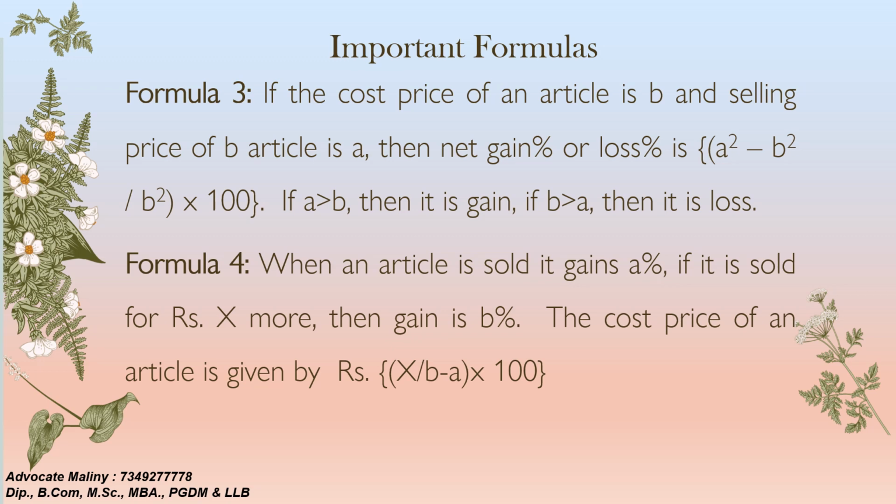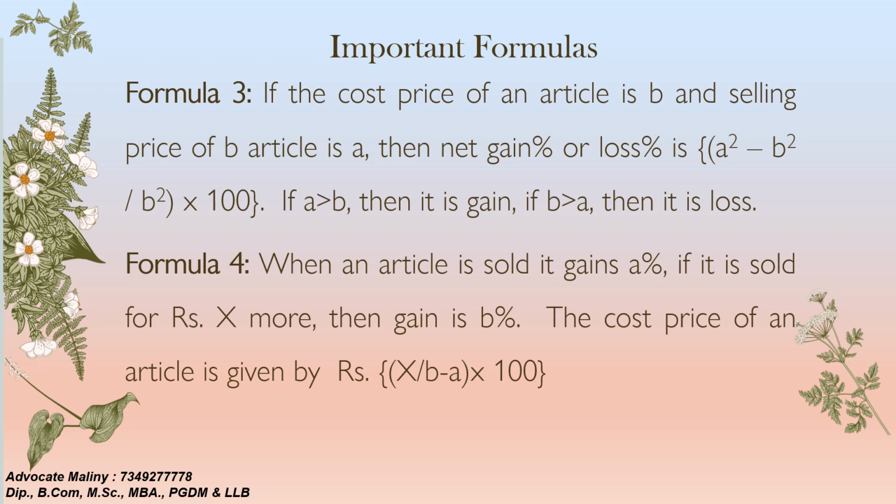So here the cost price is B and the selling price is A. If the cost price is greater than the selling price, it is a loss, and if the selling price is greater than the cost price, then it is a gain. So the formula is A square, which is selling price square, minus cost price square, divided by cost price square, into 100. This is to find out the net gain or net loss percentage.